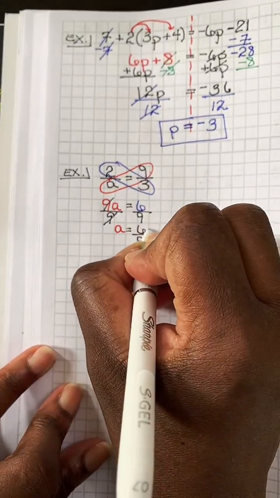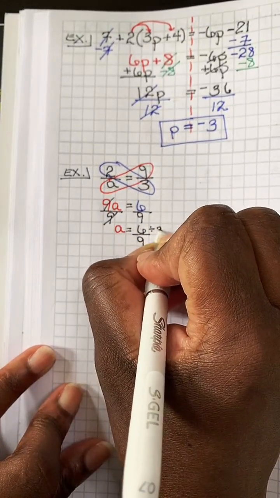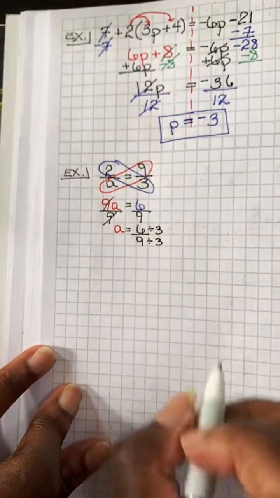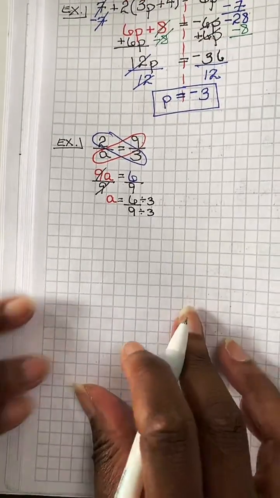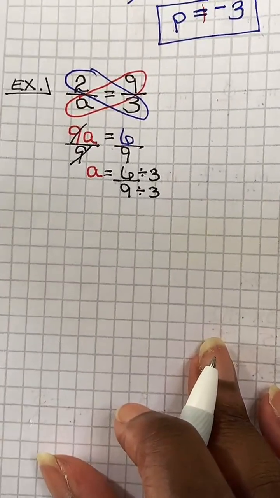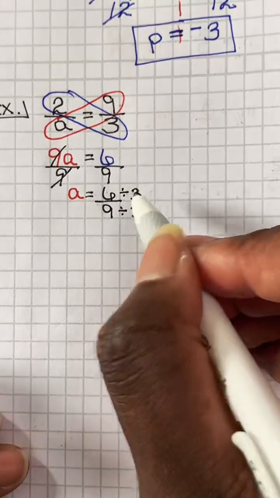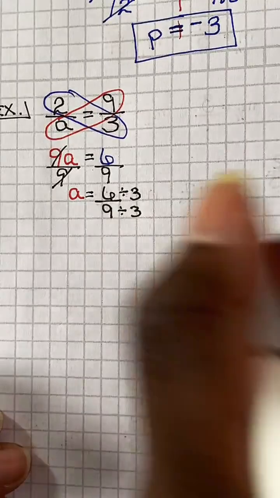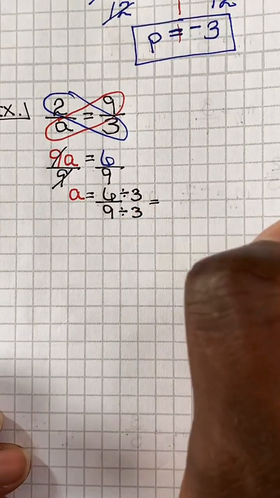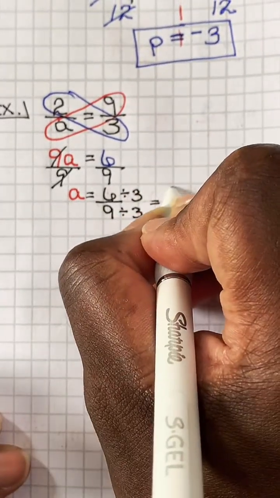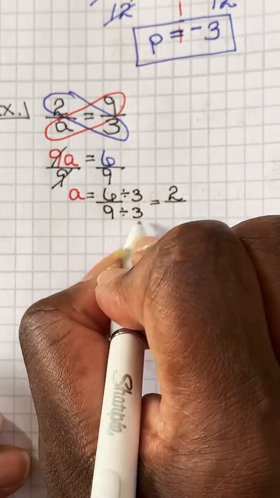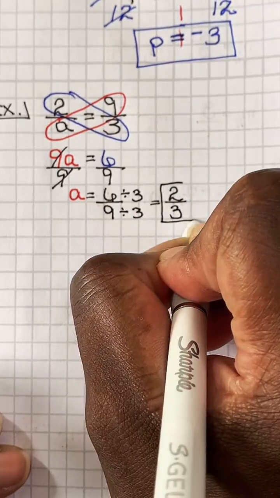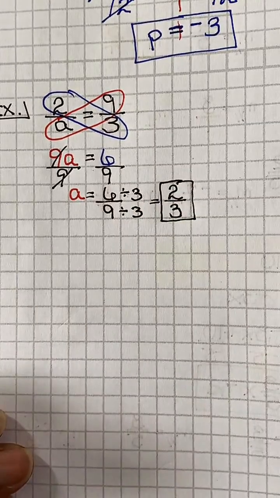So that means if I divide this numerator by 3 and I divide that denominator by 3, this is what's called simplifying. It's the same number that shows up in both the 6 and the 9. And we just divide it. 6 divided by 3, 2. 9 divided by 3, 3. That is your answer.